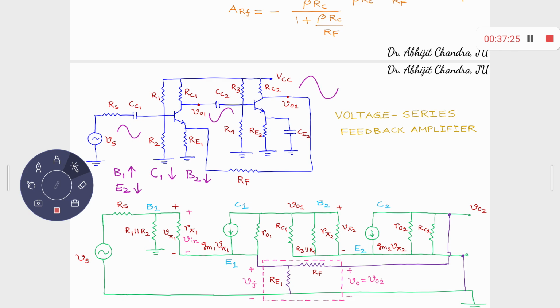Through emitter 2, you connect some feedback resistance to base 1. That means when E2 drops, the corresponding effect will drive B1 to drop. So here the cause is B1 increasing, and the effect is B1 reducing. So effectively, it gives you the notion of negative feedback.